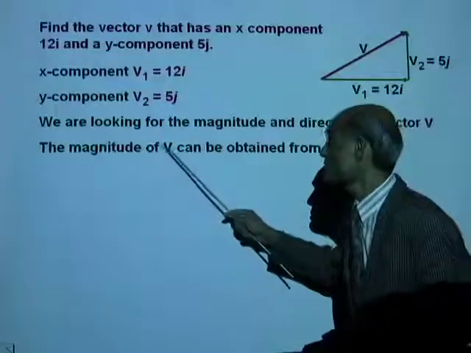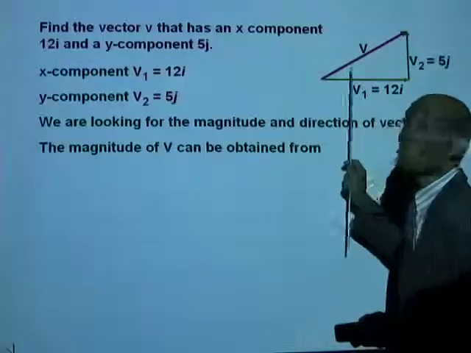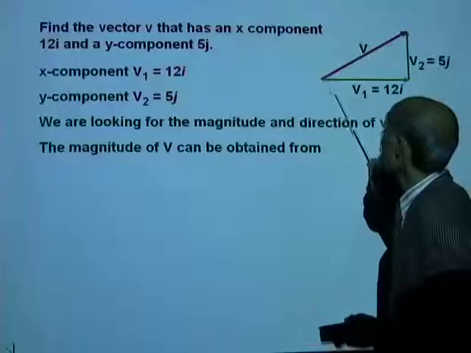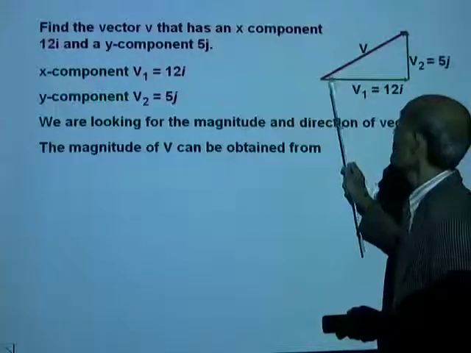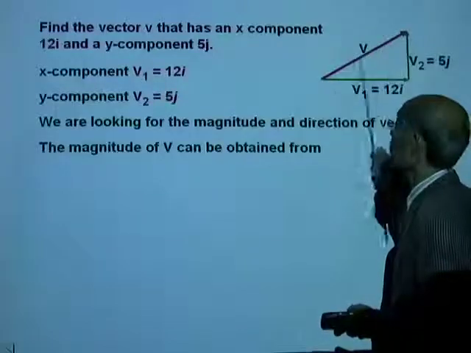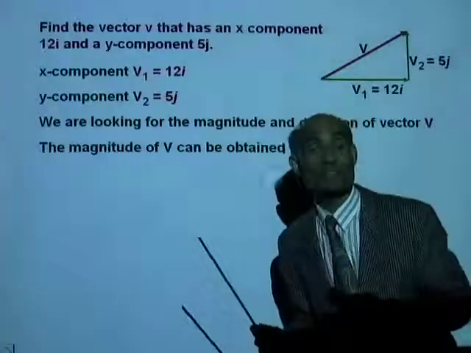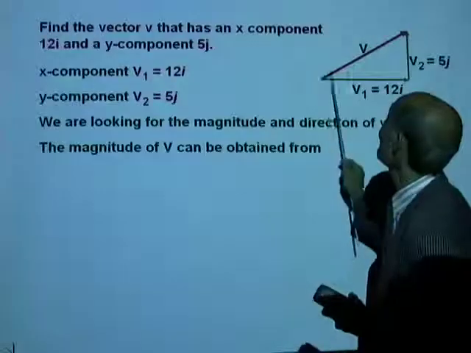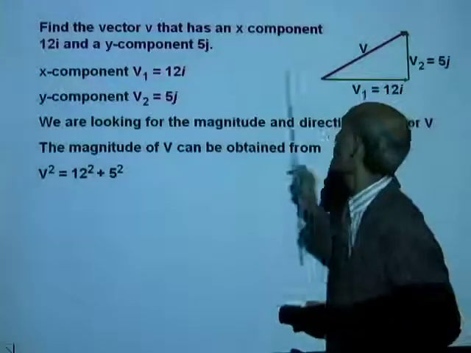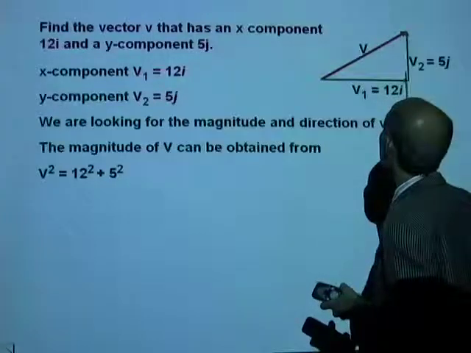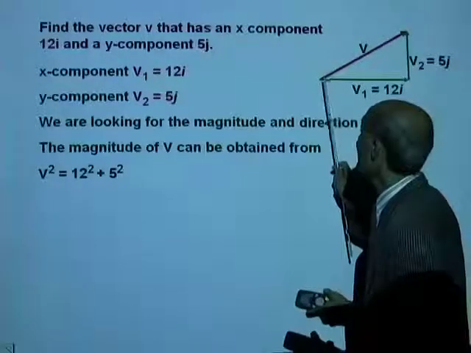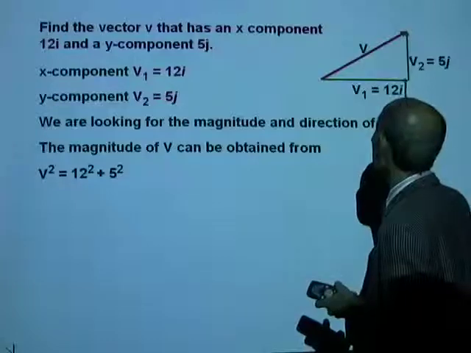Alright, the magnitude of v can be obtained. Tell me, anybody tell me, how do we obtain the length of this vector? If you look at this right triangle, you can use Pythagoras theorem to obtain the length there. So we get v squared equals 12 squared plus 5 squared. The length of this leg is 12.